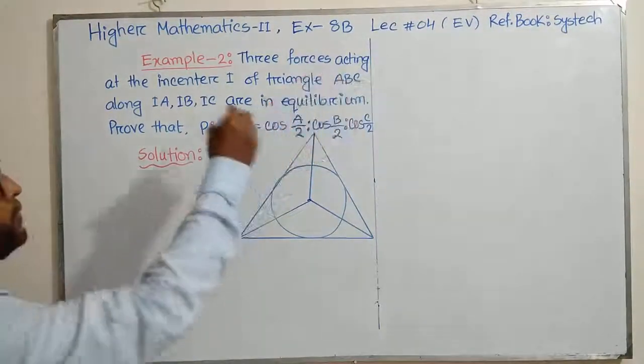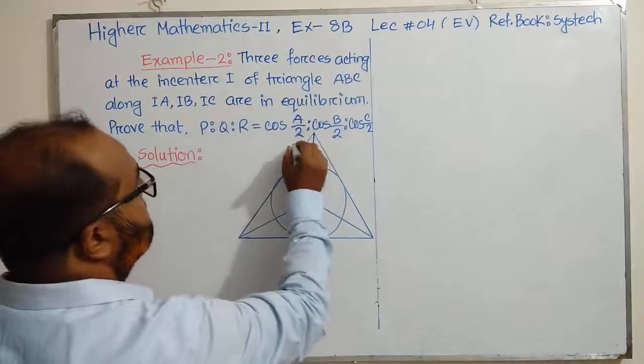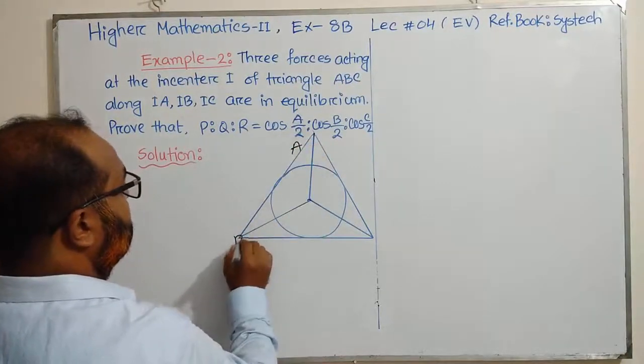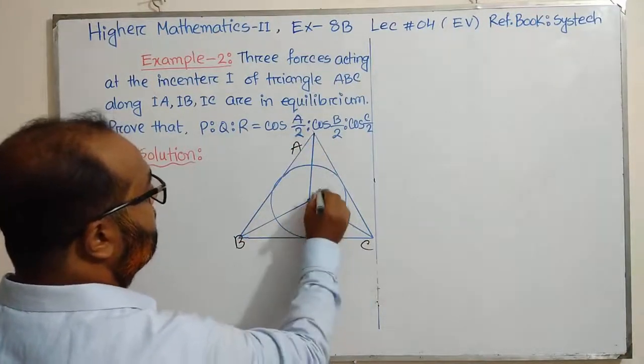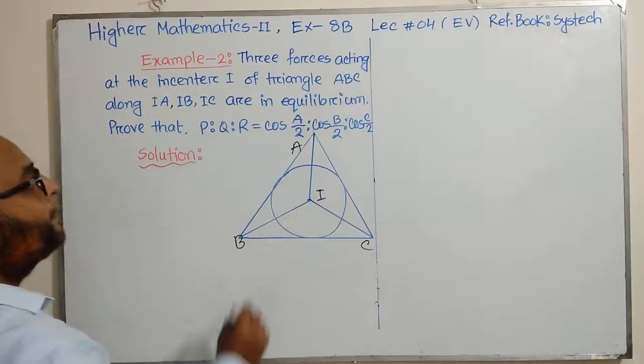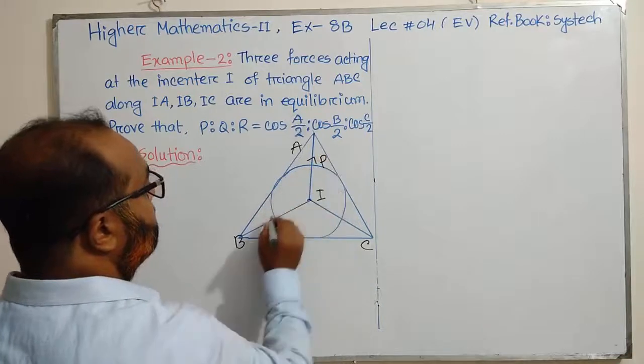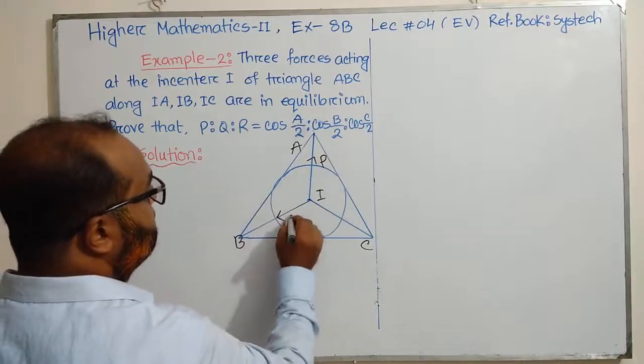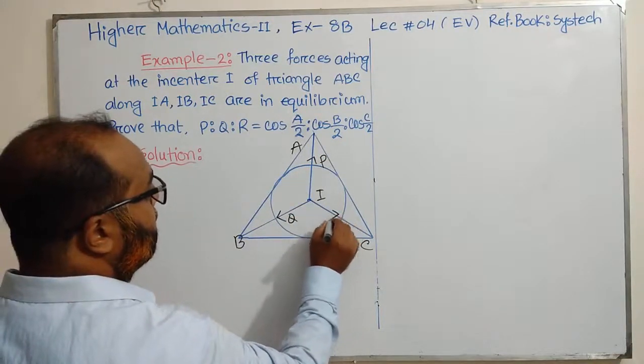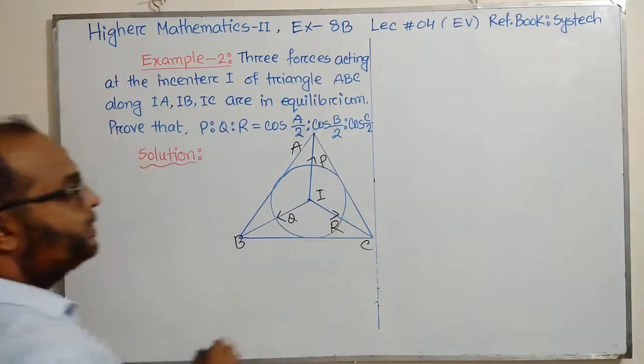Okay, according to the theorem, this is our figure, triangle ABC. Here I is the incenter, and force P acts along IA, Q acts along IB and R acts along IC.